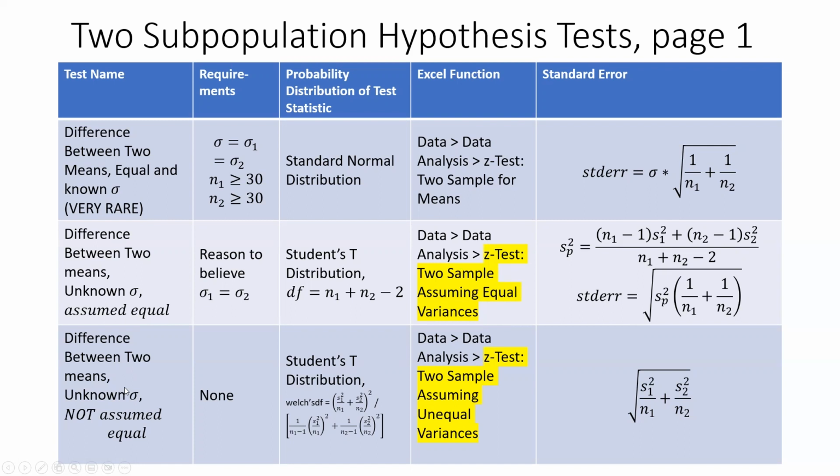And the third situation is if you have a difference between 2 means, but you do not assume that the standard deviations are equal. In this case, we can use the student's t-distribution, but the degrees of freedom are much more complicated. The calculation for them, it's called the Welch's degrees of freedom. And this gets usually rounded down to the whole number lowest.